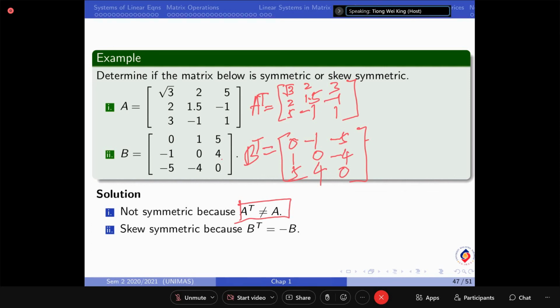If you factor out the negative, you get 0, 1, 5, this is negative 1, negative 5, 0, negative 4, 4, 0, so this is getting B. For the second question, we get B transpose equals negative B. So this is a skew symmetric matrix.